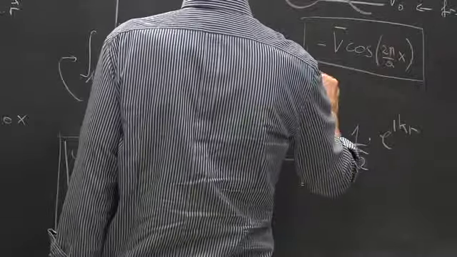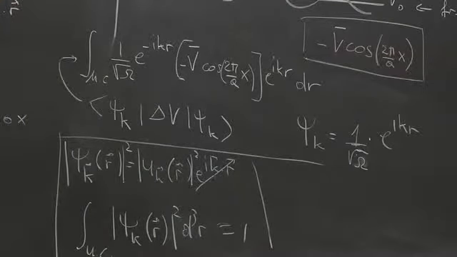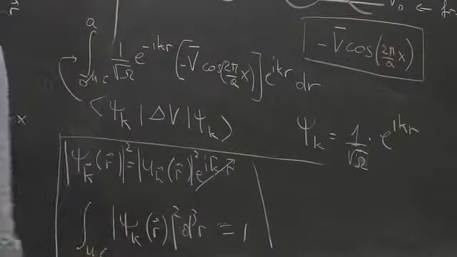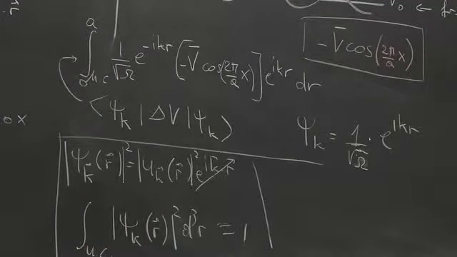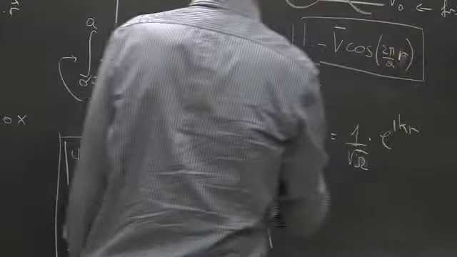We are in one dimension, so this is dr, over the unit cell, that means between 0 and a. The meaning of unit cell is between 0 and a in one dimension. Oh, I'm using x here, but I mean r, of course.